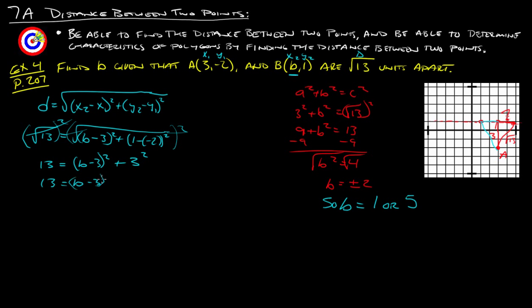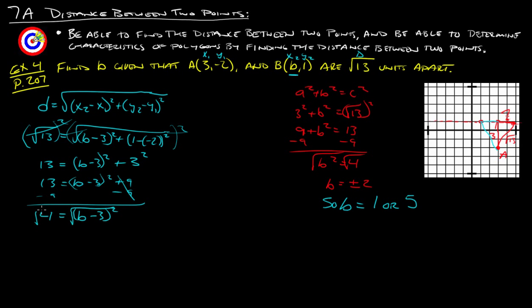So 13 equals (b minus 3) squared plus 9. Subtract 9 from both sides, and we get that (b minus 3) squared equals 4.